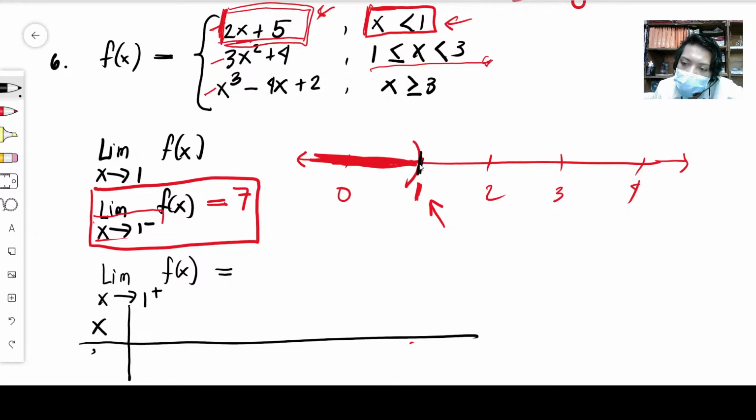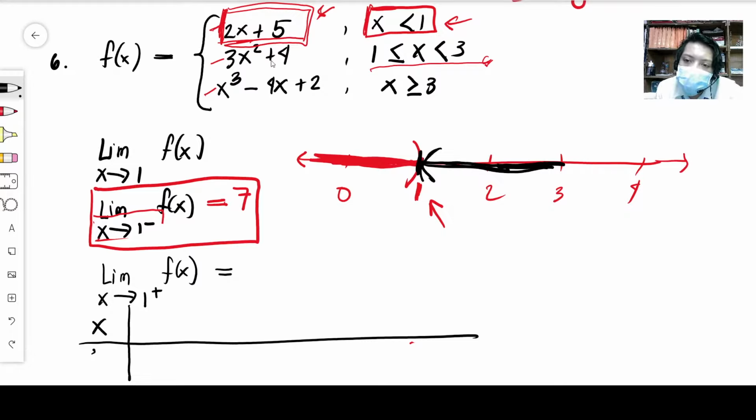Okay, this is 1, right here. Coming from the right of 1, I mean to the right of 1. So this region right here is the one we will use, where x coming from the right of 1 is satisfied.